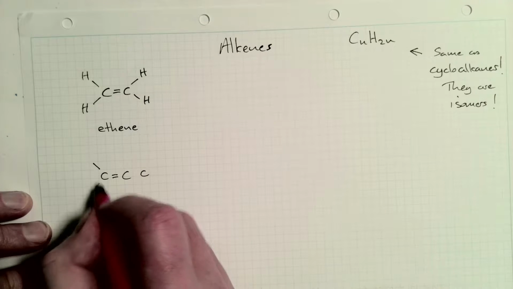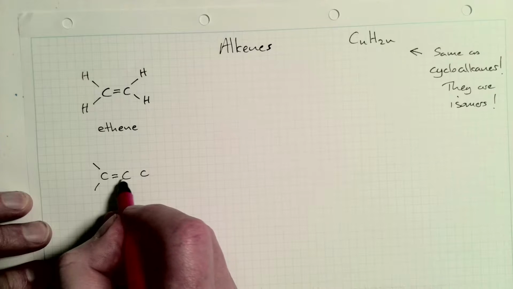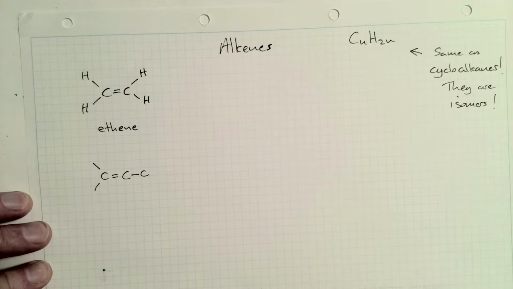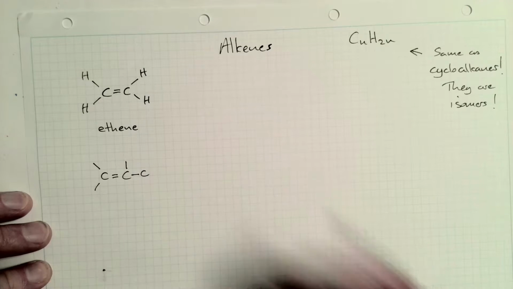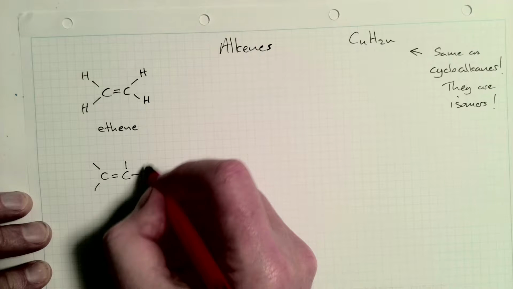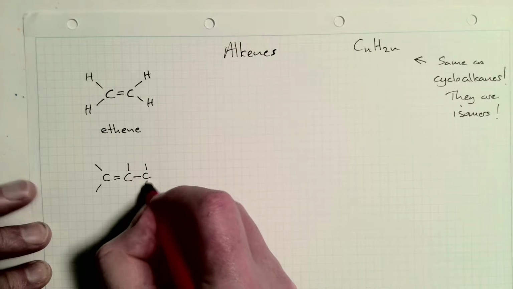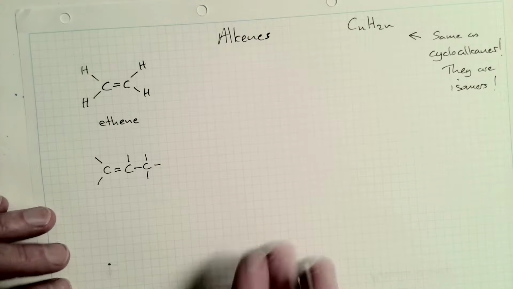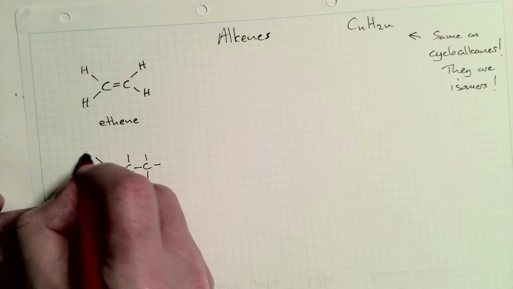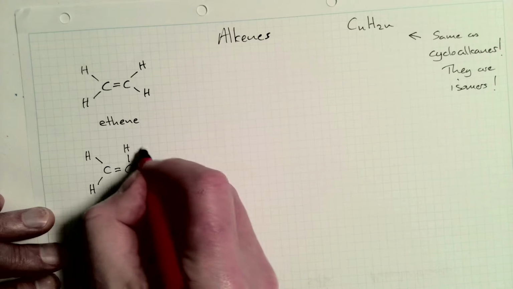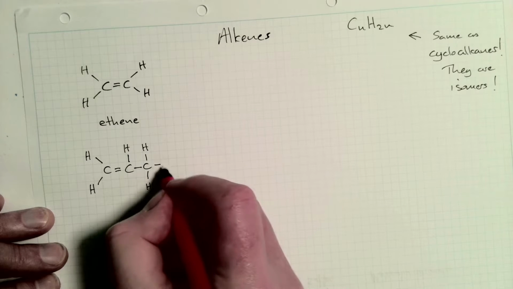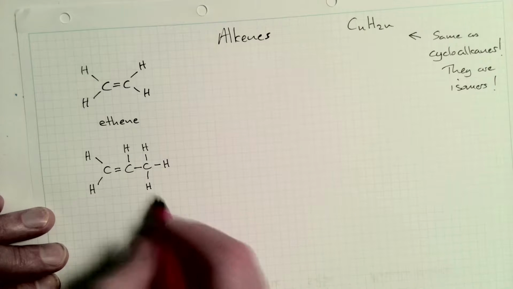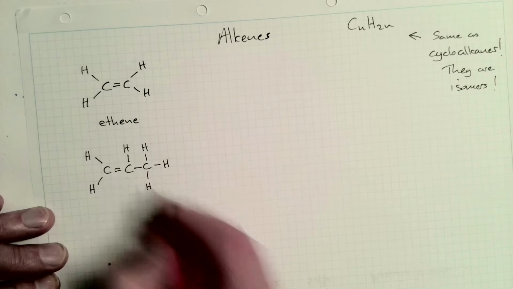Here, 1, 2, we have to have a bond there, 3, so there's only going to be 1 hydrogen coming off that one. And then on this, we're going to have our 3 hydrogens. So that puts all our hydrogens in. And there's the structure for propene.